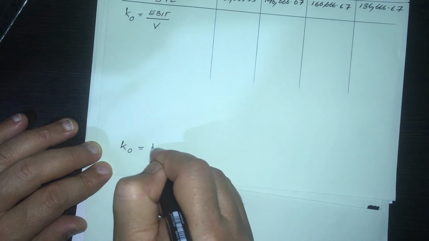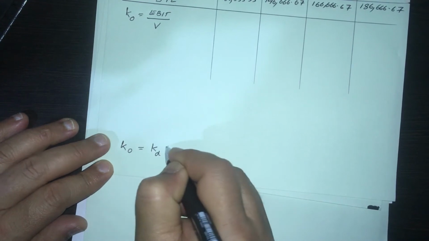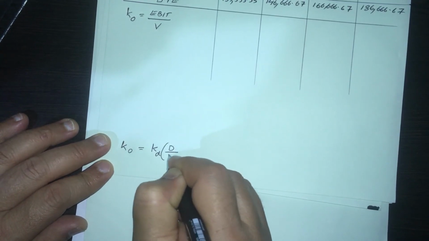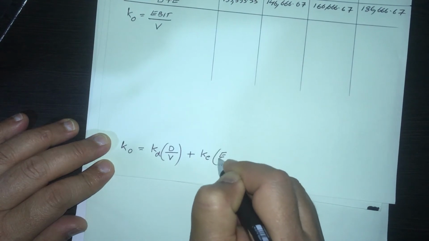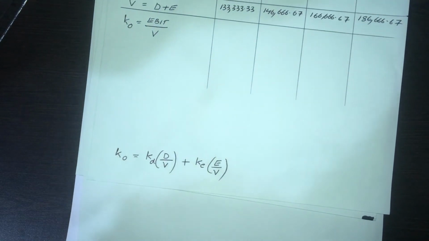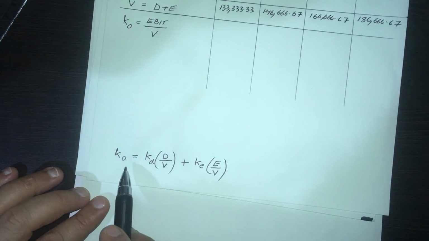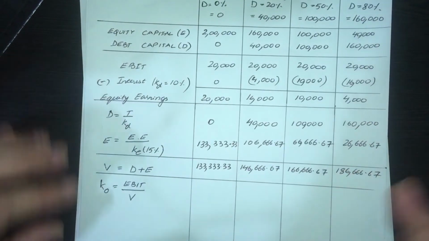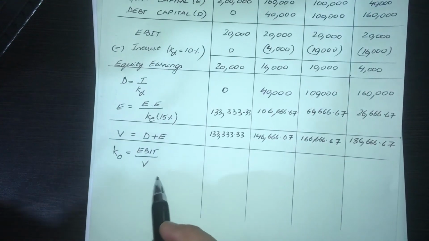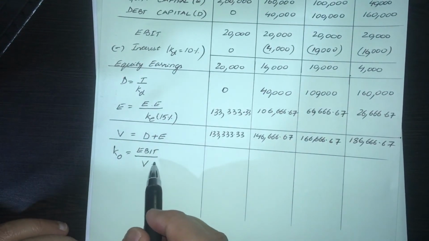KO is equal to KD into D by V plus KE into E by V. That is another way of finding KO, the overall cost of capital or weighted average cost of capital.